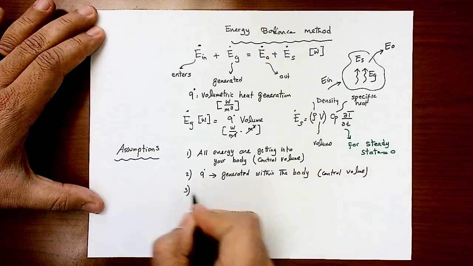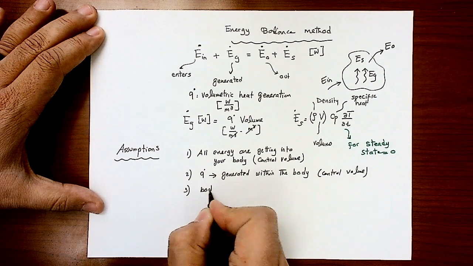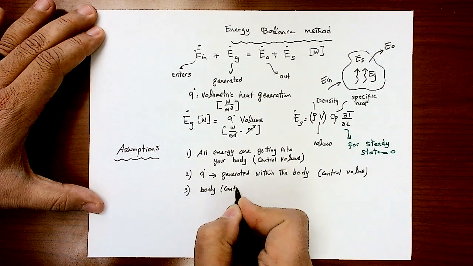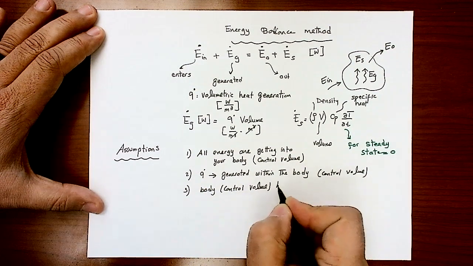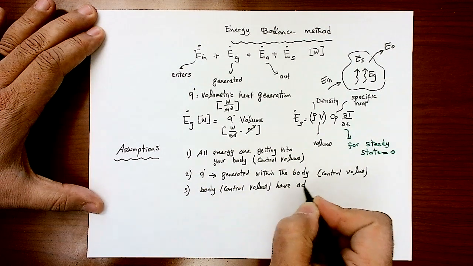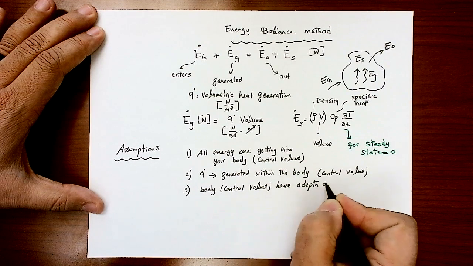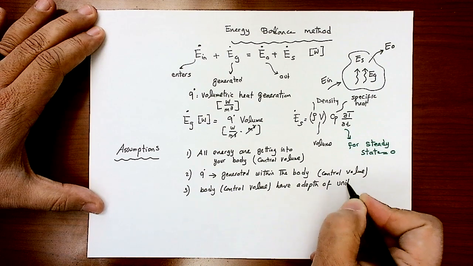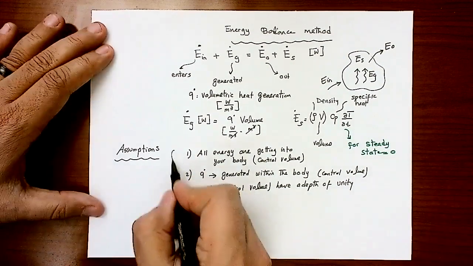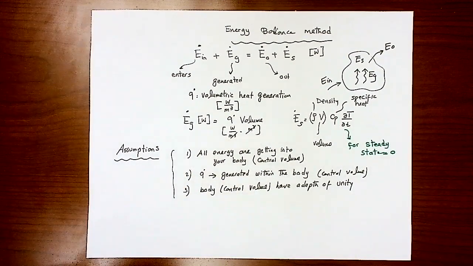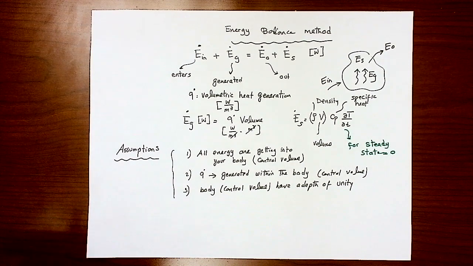Number three, the body or control volume always has a depth of unity, unless you're solving a three-dimension problem, which is going to be complicated here. But these are the general assumptions that we use all the time to apply the energy balance method or technique.